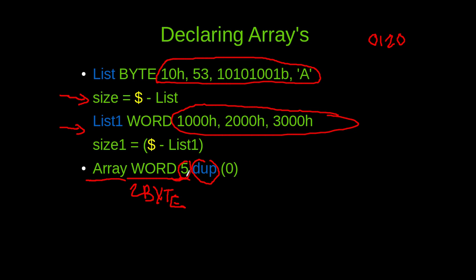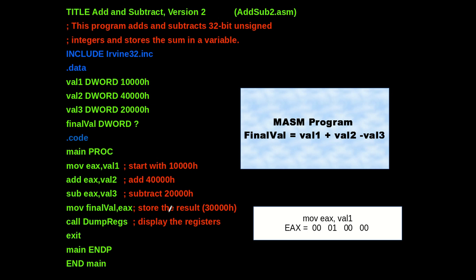This is the size and this is the initial value. So what we did is declare an array of 5 elements, each of size word or 2 bytes. So this is going to be 10 bytes.